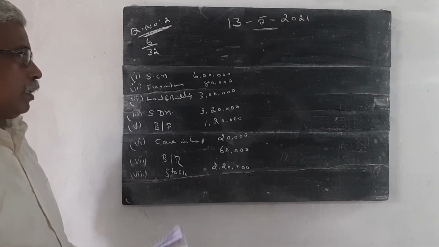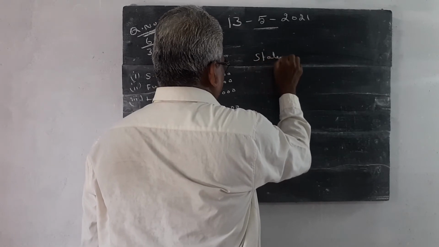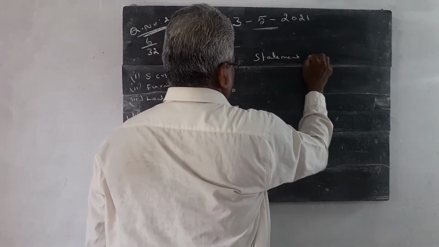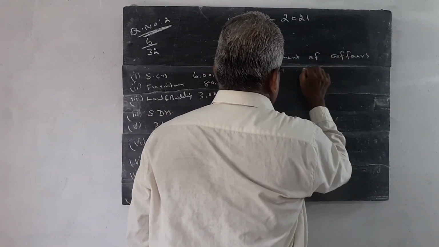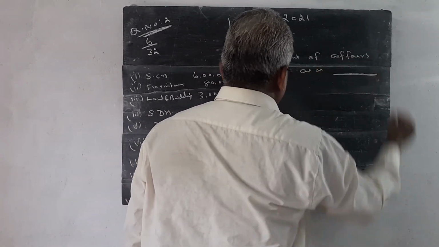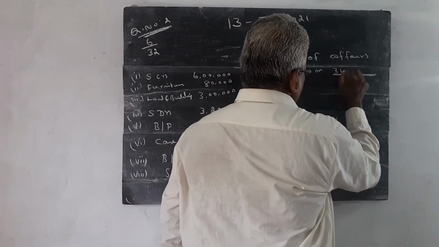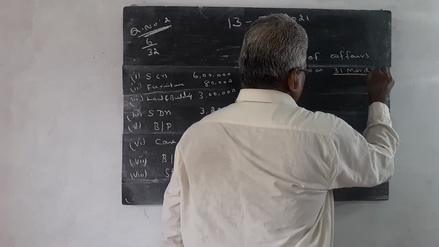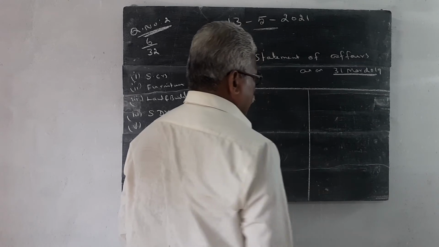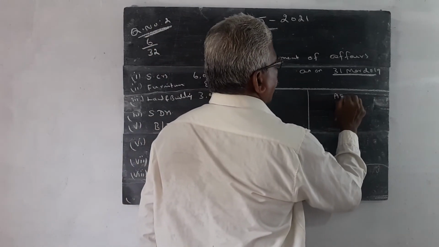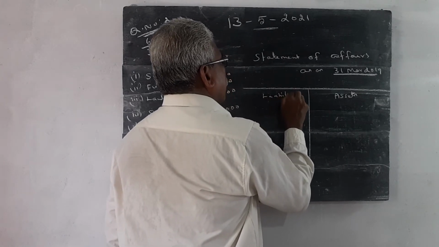out capital. First, we write the heading, statement of affairs. As the date is given, we write 31st March 2019. Then the statement of affairs consists of two sides. Number 1, asset side, and number 2, liability side.